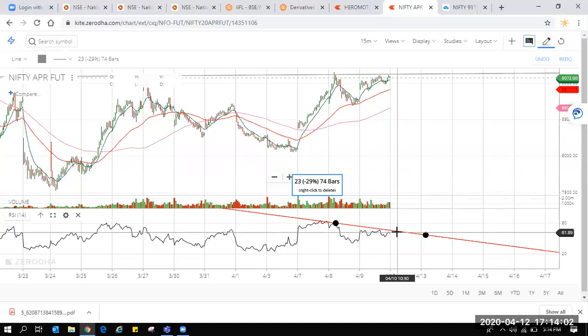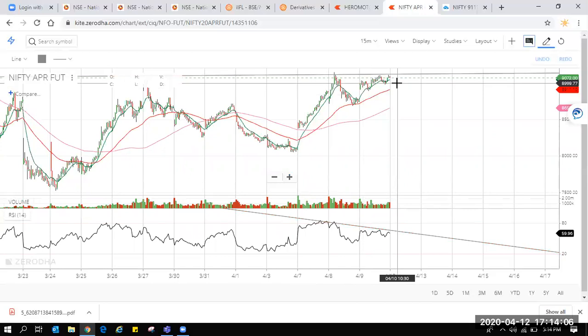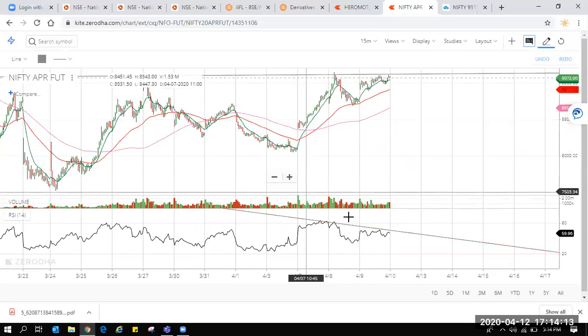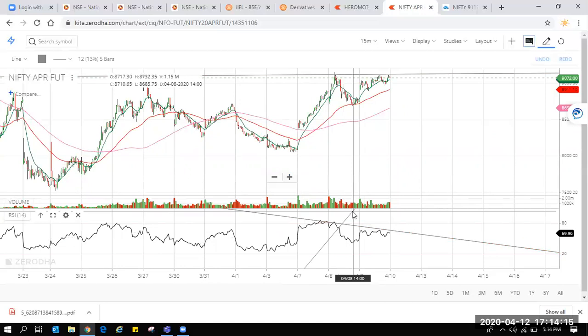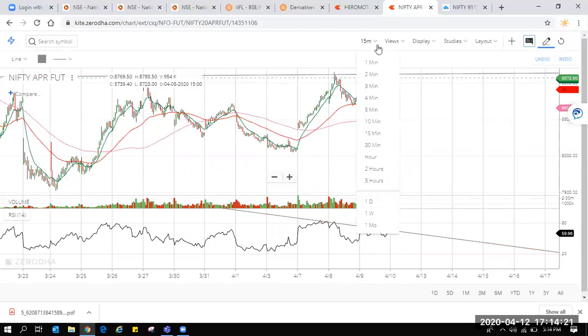That means the strength of this upside is very limited. Please note, this is a 15-minute chart. This is not a 5-minute chart, this is not a daily chart. So this confirms that there can be a fall based on the 15-minute chart.